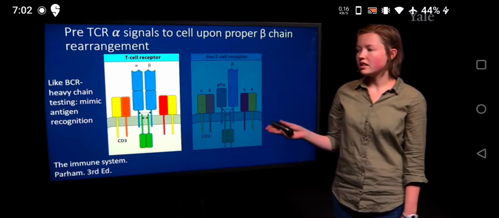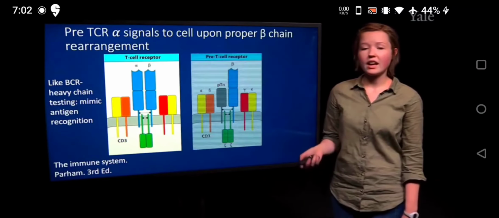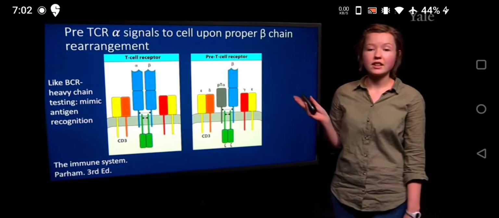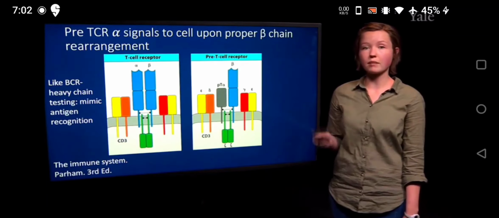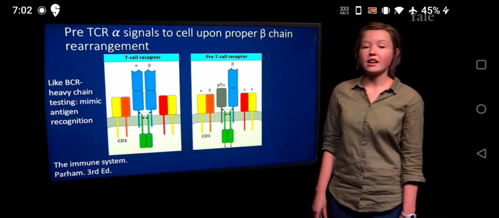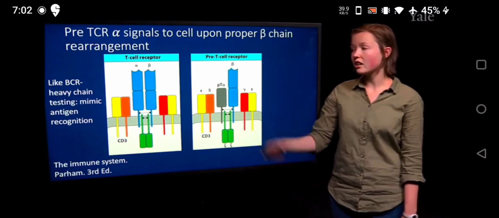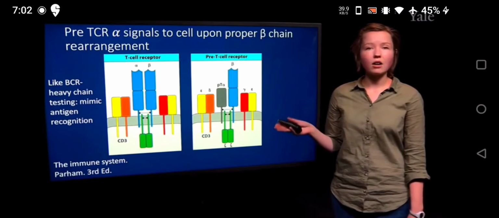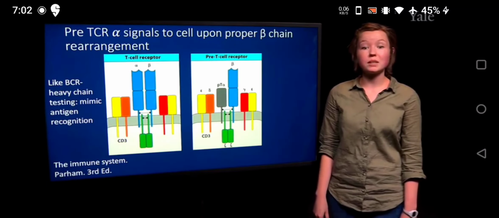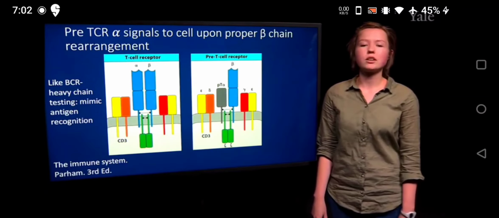So over here you can see a T cell receptor, and it looks very similar to that of the pre-T cell receptor, the difference being that instead of having your alpha chain, you have this pre-T alpha, also referred to as pT alpha for short.